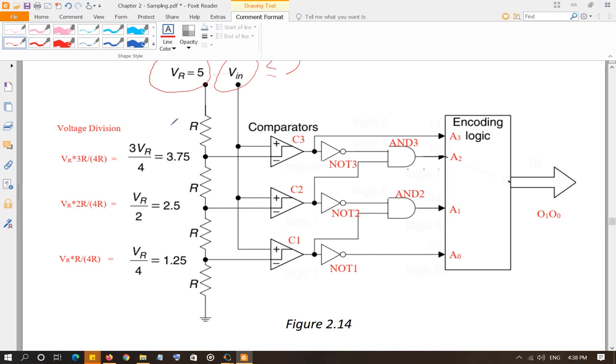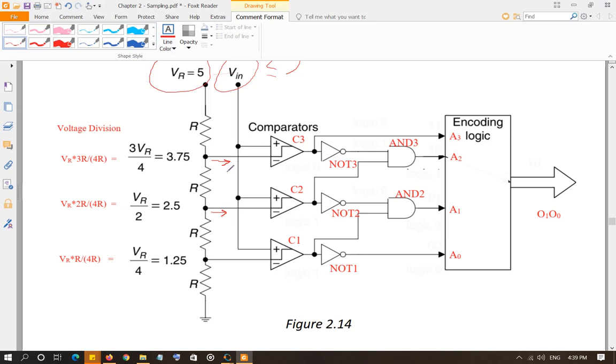The reason we call them in series is because these comparators that you see, C3, C2, and C1, are in general made out of operational amplifiers, or any amplifier which has very high input resistance. So in general, there is no current flow into these amplifiers or comparators.